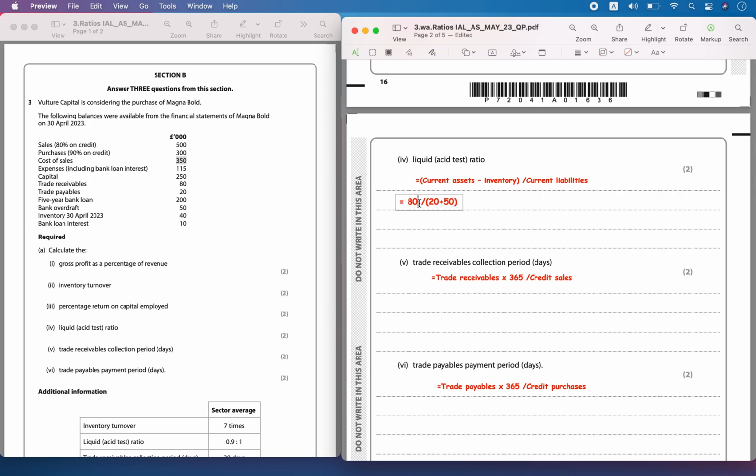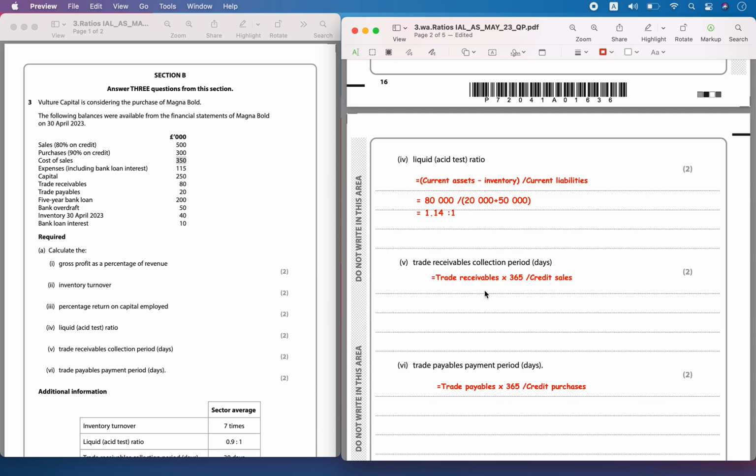If you want, you can include thousands. This is a ratio, so it is equal to 1.14 to 1. This is the liquid ratio, or acid test ratio.